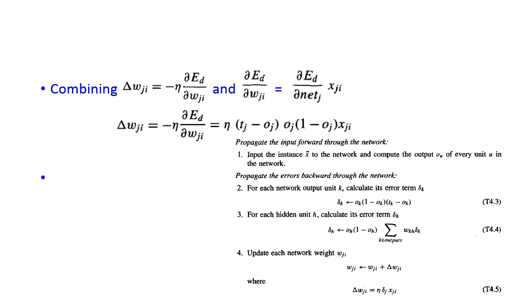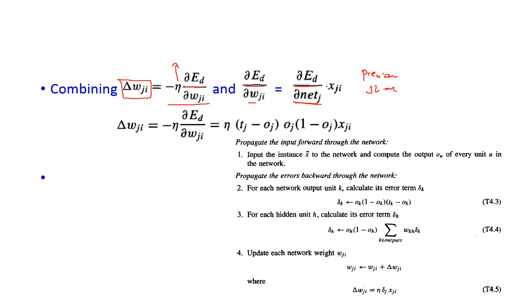And now we are going to combine. Delta Wij is equal to minus learning rate into differentiation of Ed divided by differentiation of Wij, and the differentiation of Ed divided by differentiation of Wij is equal to differentiation of Ed divided by differentiation of net j into Xij, which we have seen in the previous slide, isn't it?